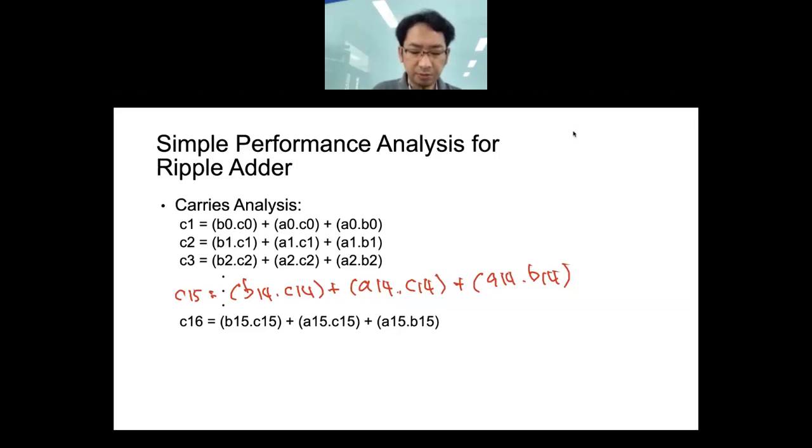And in this equation, what does it tell us? C15 has to wait for C14, right, to get the correct result. And again, C14 has to wait for C13. C13 has to wait for C12, and so on.